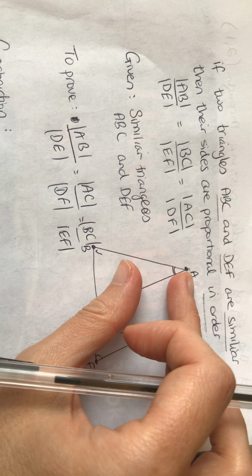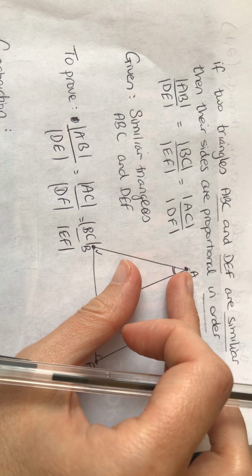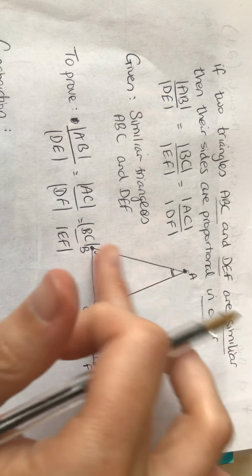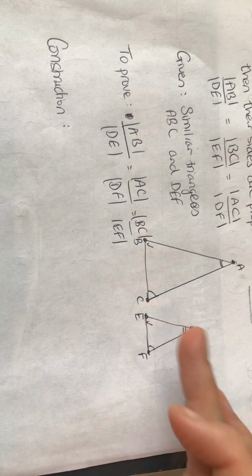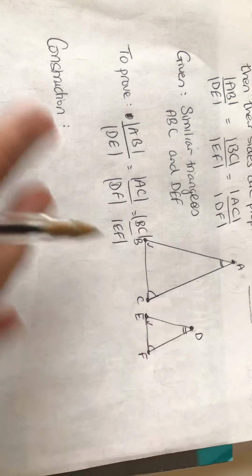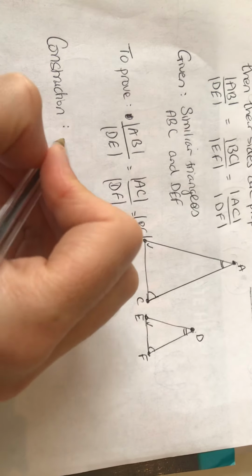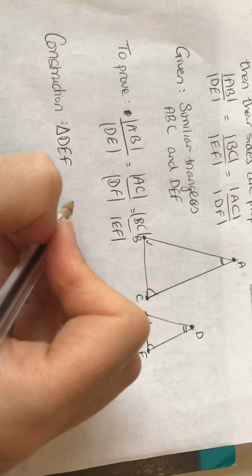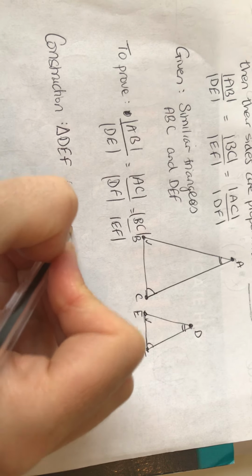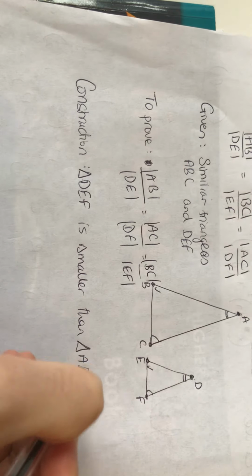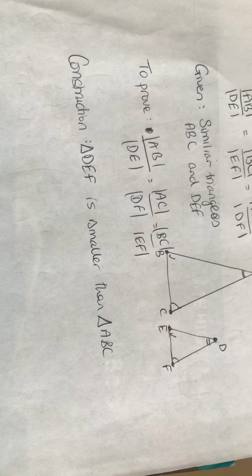So I'm going to assume that this triangle here is smaller than this one. Obviously it could be the other way around. ABC could be smaller than DEF, but the way I've drawn it, the triangle DEF is smaller than the triangle ABC. Maybe that sounds ridiculous, but I need to be as clear as possible.